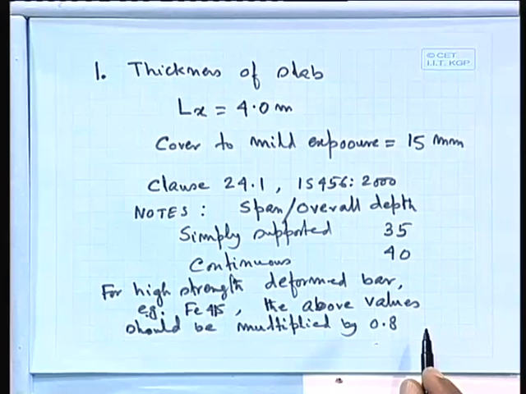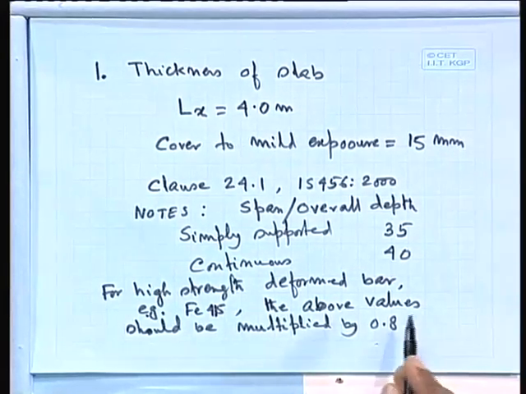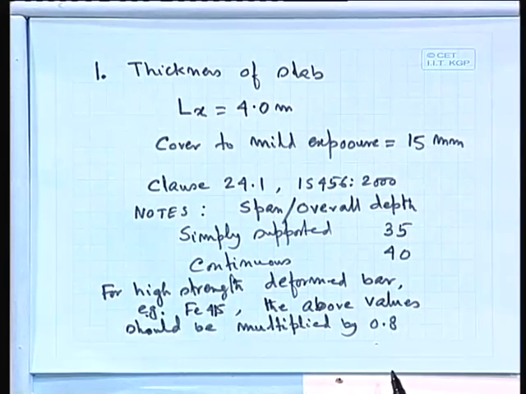For simply supported slabs that is 35 and continuous slabs 40. For high strength deformed bars of grade Fe 415, the values given above should be multiplied by 0.8.